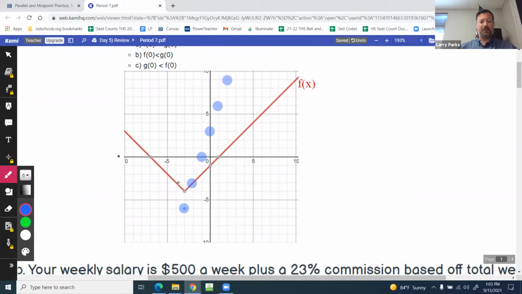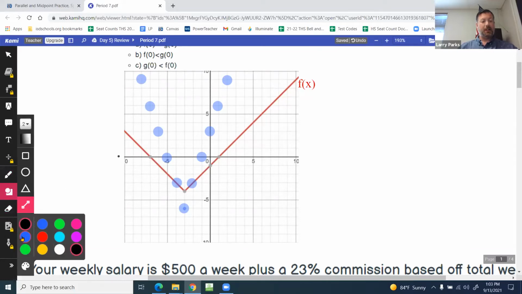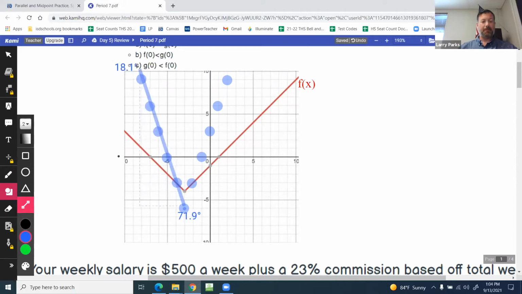Up 3 over 1. There's my other x-intercept. And I have my new graph. And that goes forever. And this one goes forever.